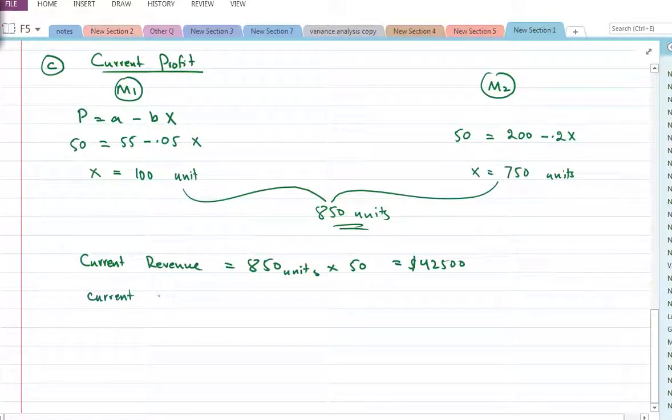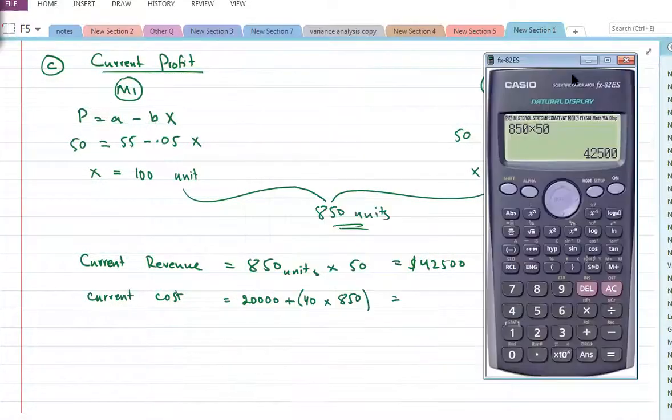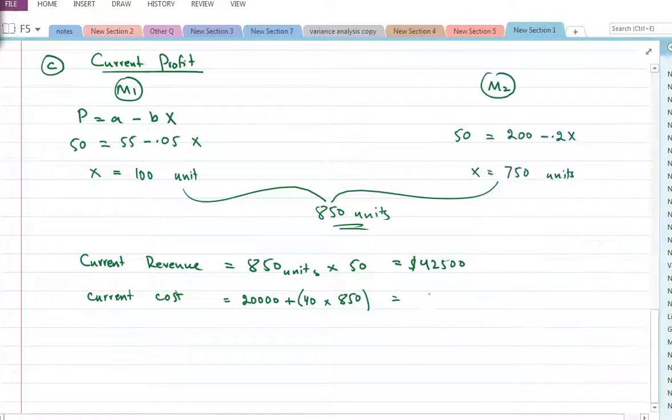The current total cost is again fixed cost, which is 20,000, plus variable cost per unit, which is 40, multiplied by the number of units, this time 850 units, which is 54,000.